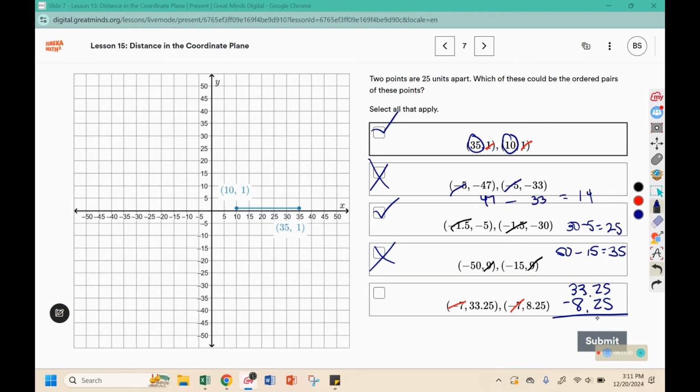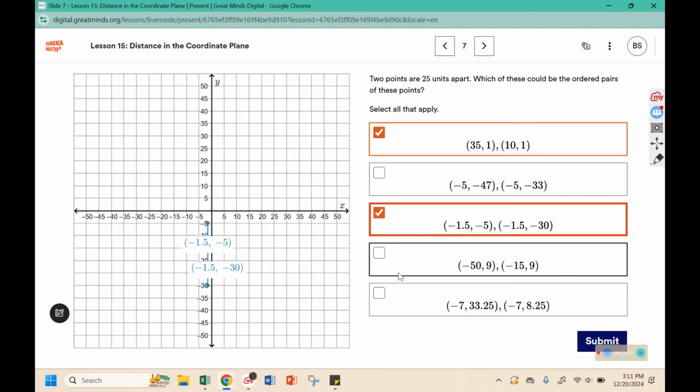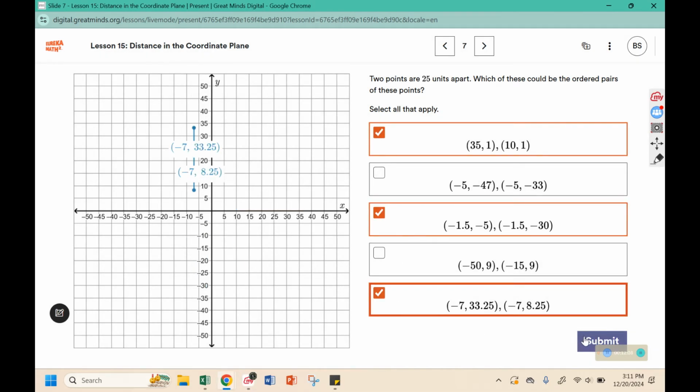If we subtract, this would give us 0 here. And 33 minus 8 is 25, so it could be that one. So we'll clear out this to select our 3 choices and submit.